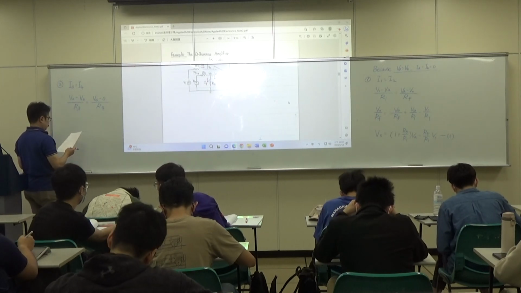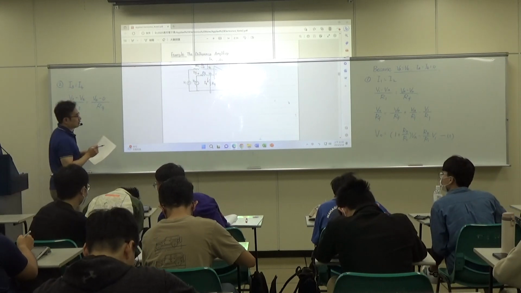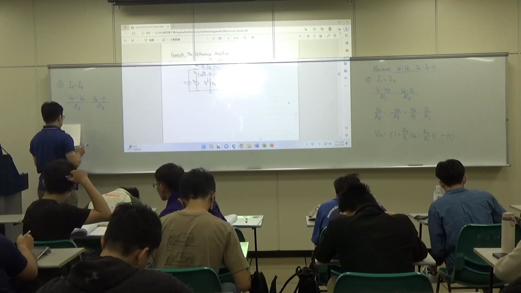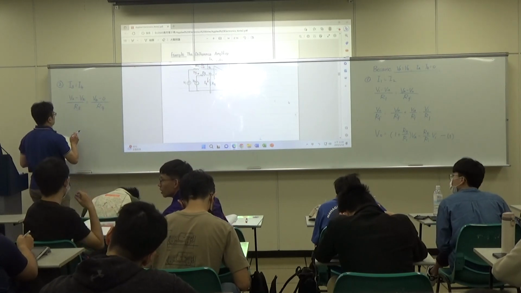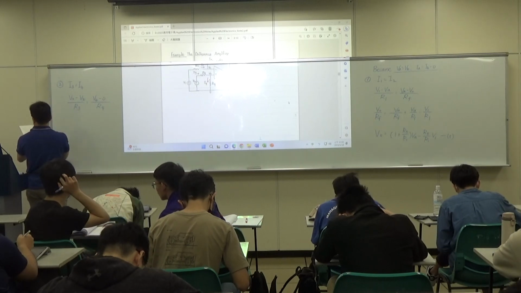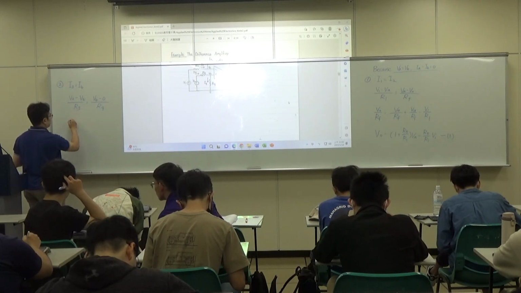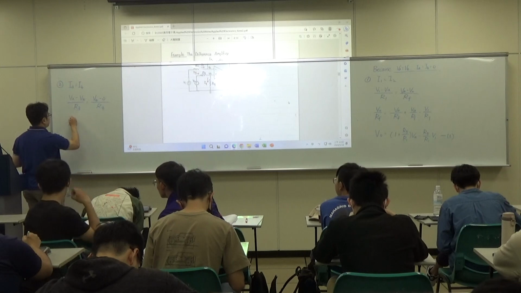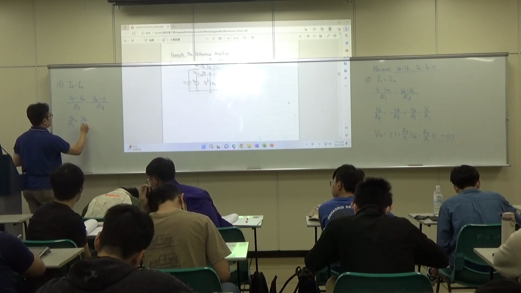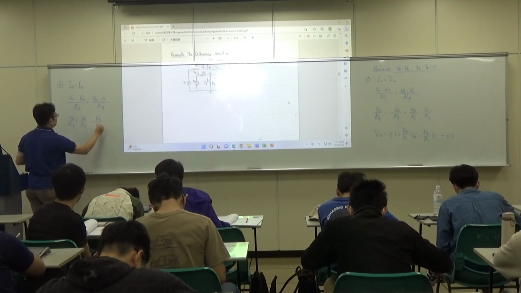So we have VB over R4 plus VB over R3 equals V2 over R3.